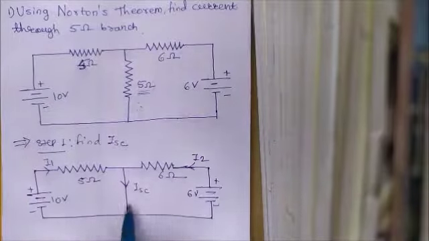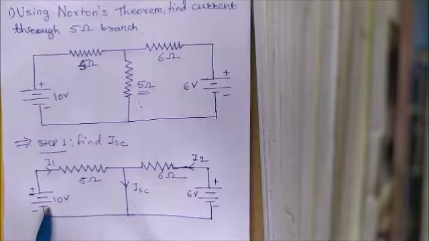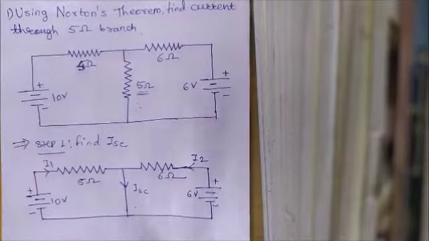The total current flowing through this branch will be ISC, the short circuit current, which we are going to calculate. This short circuit current is the addition of the current supplied by the 10 volt source, I1, and the current supplied by the 6 volt source, I2.